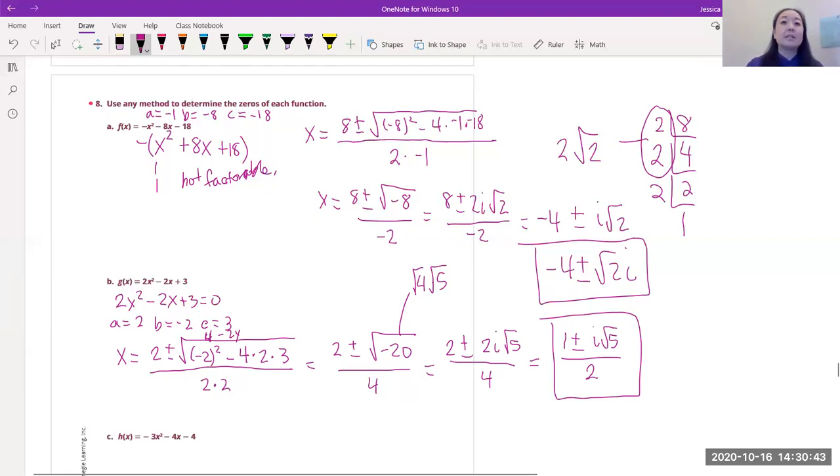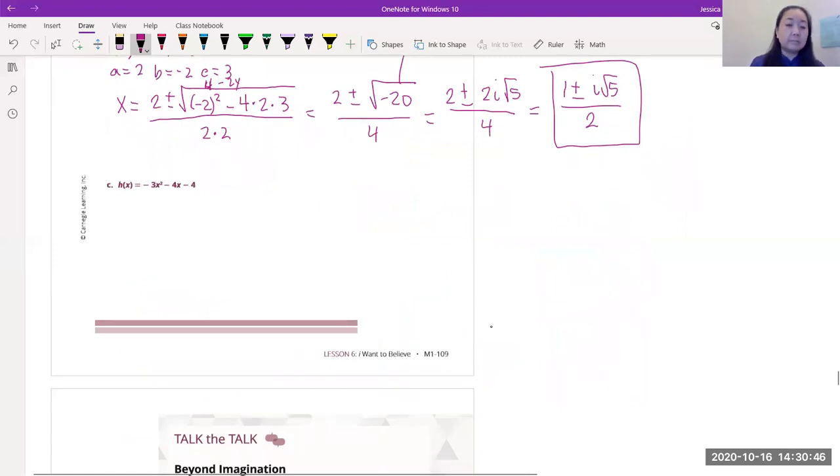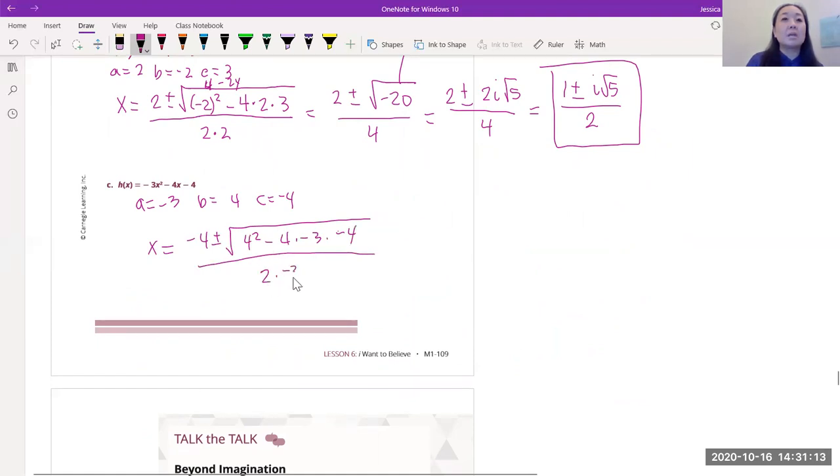All right, same thing with C. We'll do this really quickly. I'll do this my way because I gotta go. So x equals negative b plus or minus the square root of b squared minus 4ac, all over 2a, right? And that's going to be negative 4 plus or minus the square root of 16 minus 48, that's going to be 32, so negative 32.